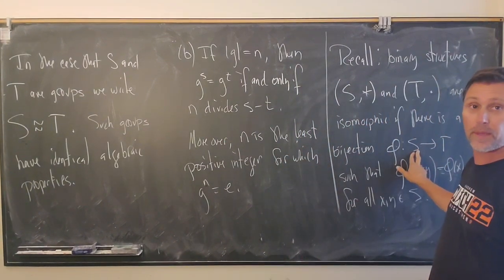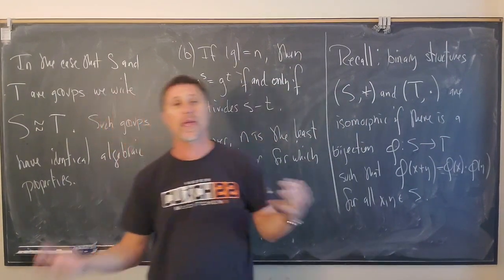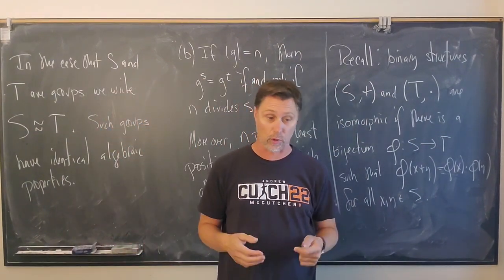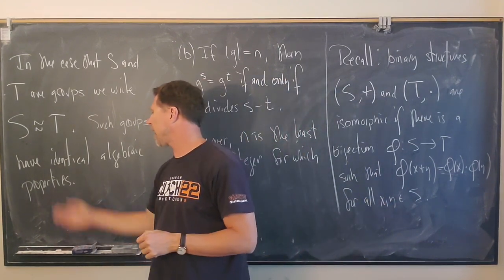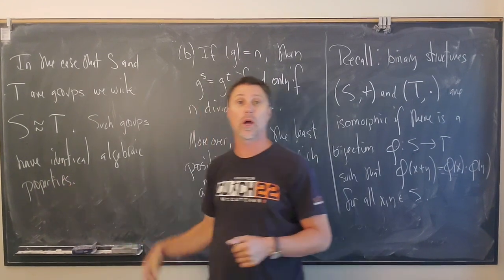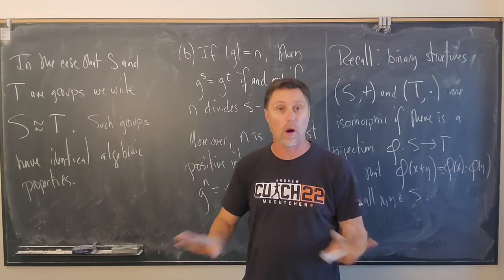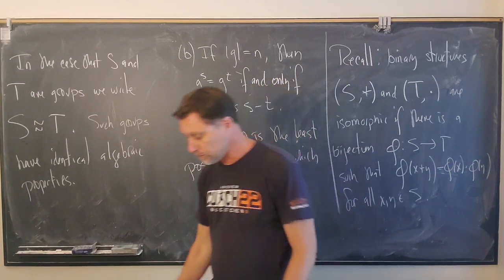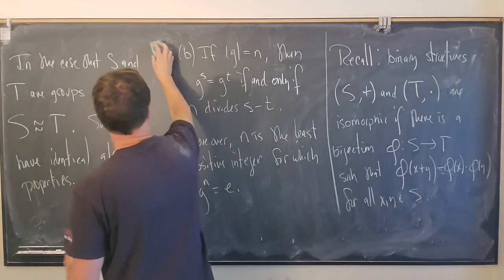You call them something in S, just give them new names in T, but from an algebraic standpoint, you can't tell the difference between isomorphic groups. They give you exactly the same properties. At this point we don't know that many algebraic properties, but we'll see more and more as we go along, and an isomorphism is one that preserves all of them.